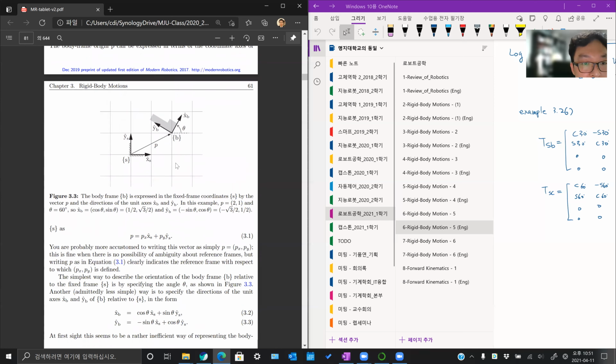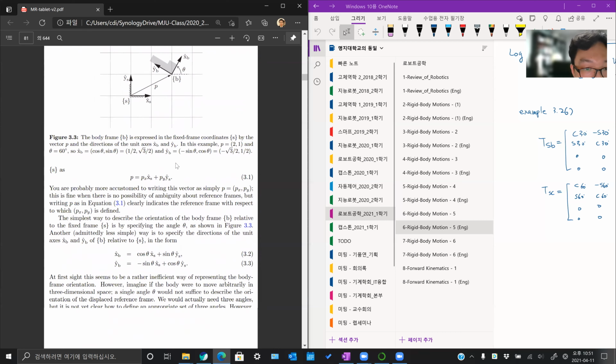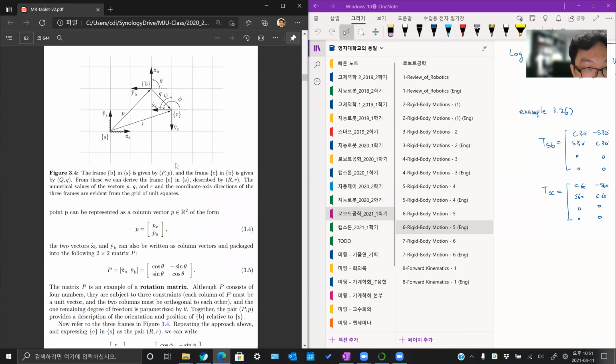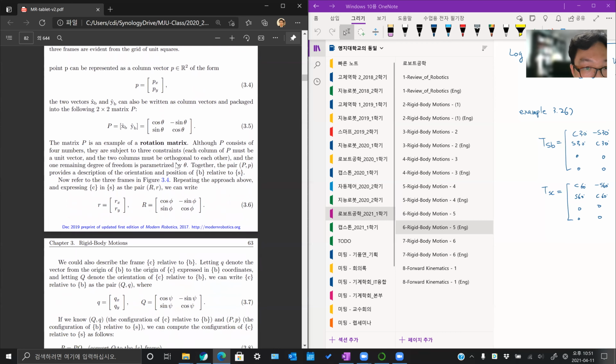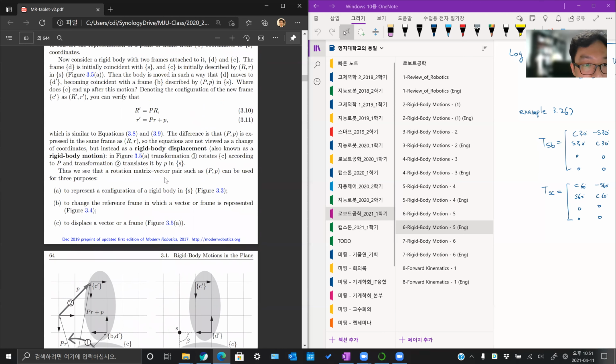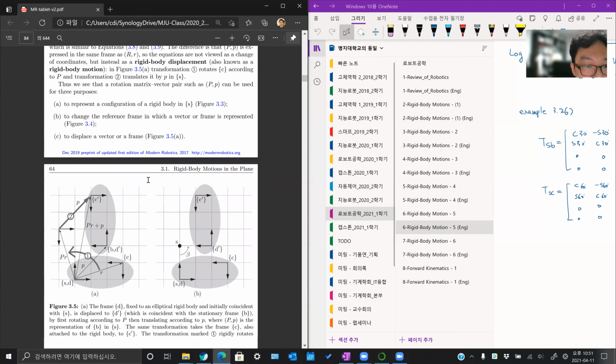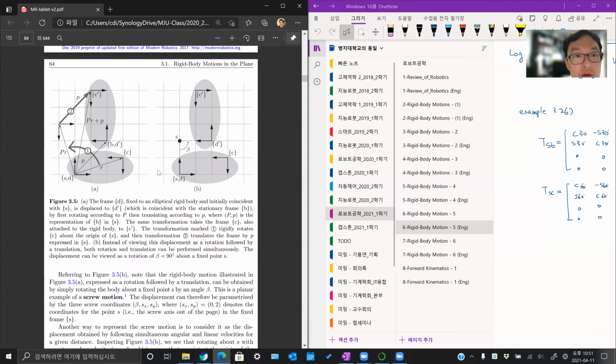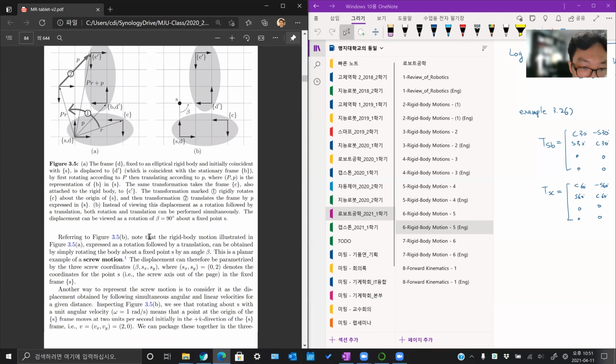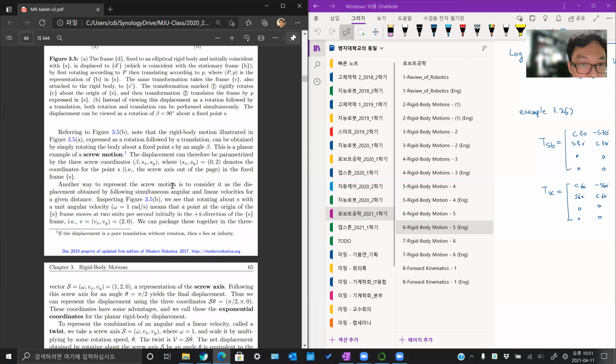And let's think about the example. Yeah, we learned about rotation matrix and also the translation of this one. And when we learned about this one, we also learned about absolute transformation and relative transformation. And also we learned about the screw motion.